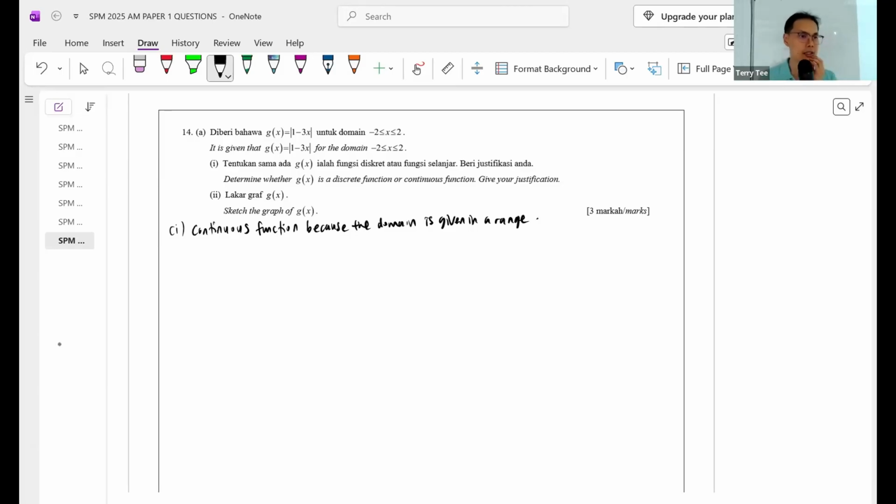That is a short answer, but in my opinion, it is good enough. If the domain is given in countable elements or numbers, then it's discrete, correct?